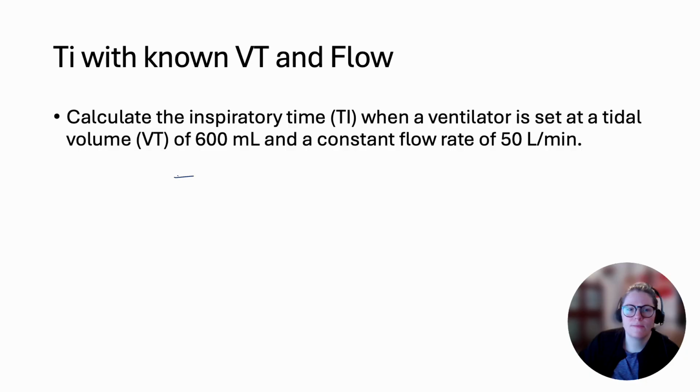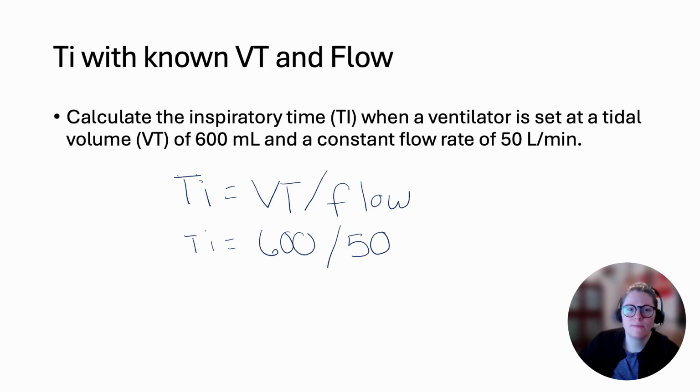So our equation is going to be Ti equals tidal volume divided by flow. Let's plug in our information. Our tidal volume is 600 and our flow is 50.